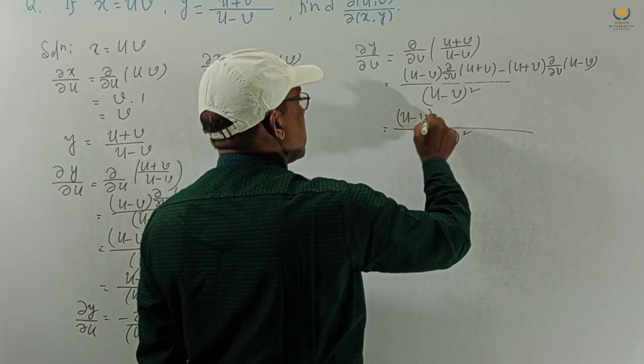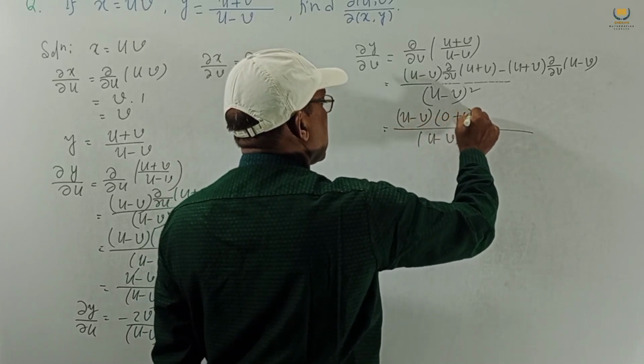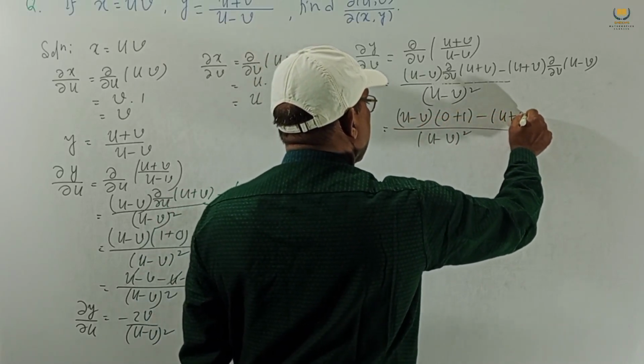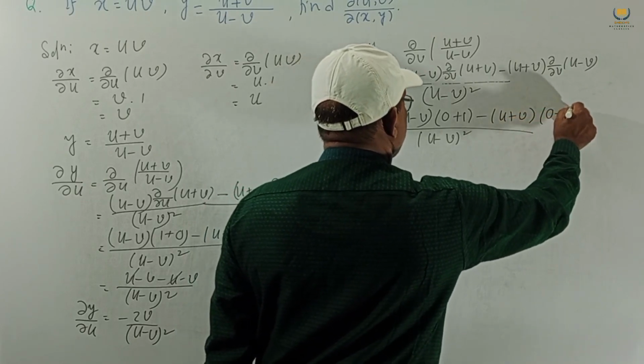This is (u minus v) into (0 plus 1), minus (u plus v) into (0 minus 1).